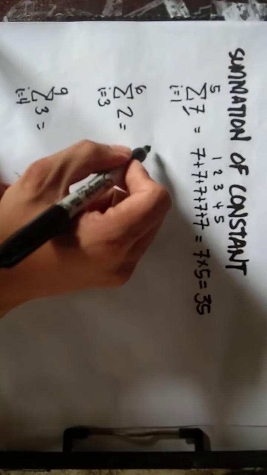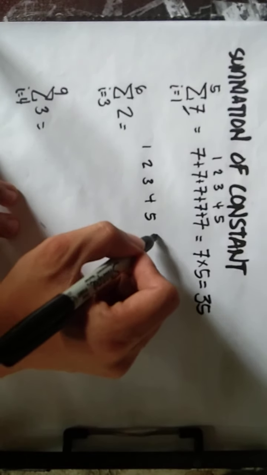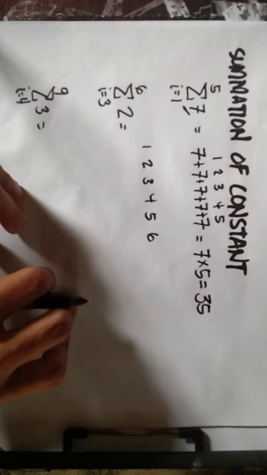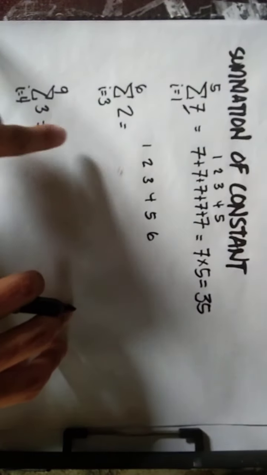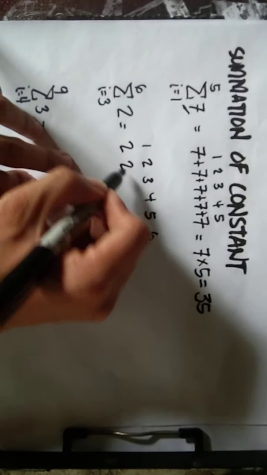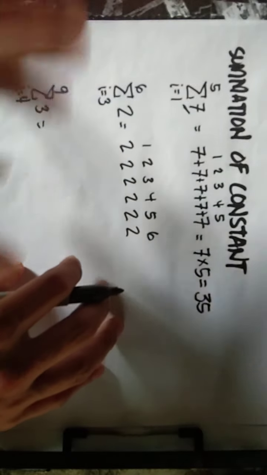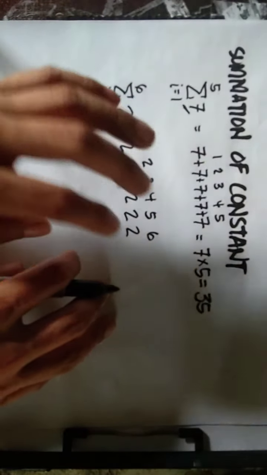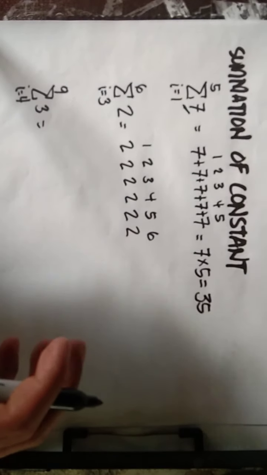So, bilang tayo ng 1, 2, 3, 4, 5, and 6. And then, since siya ay summation of constant, replace lang natin siya ng 2. So, ito yung constant natin, ibig sabihin hindi nagbabago mula 1 hanggang 6. Yun pa din at yun pa din yung kanyang value. So, ibig sabihin, yun lang yung ating i-add or isasum.